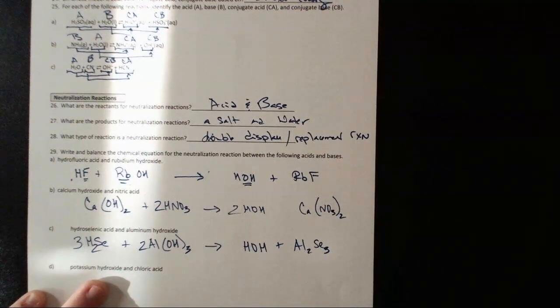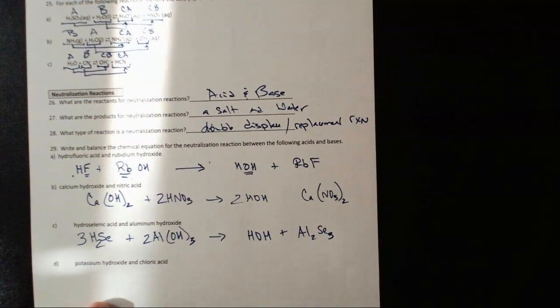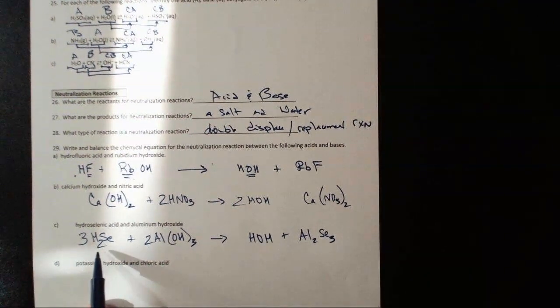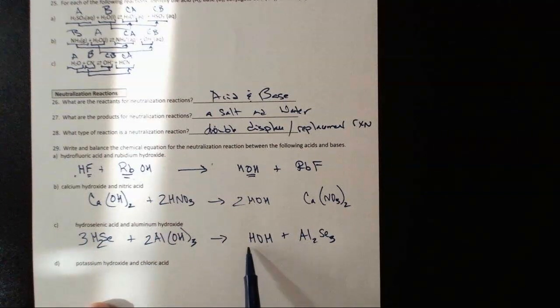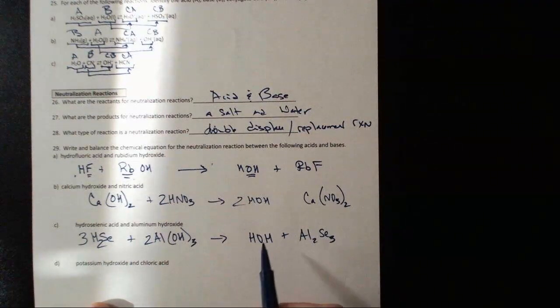Well, now let's take a look. Did that get us all straightened out? 3 times 2 is 6. Uh-oh. So no, I don't have it yet. Okay, so what I'm going to need to do is put a 3 here.